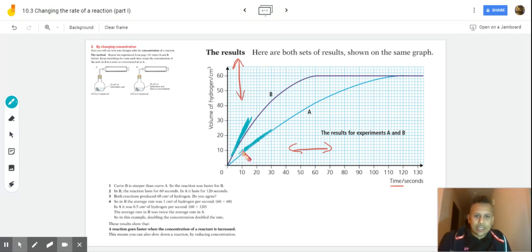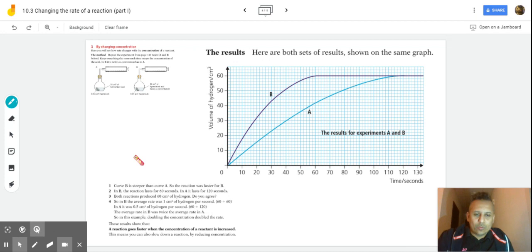So we can see that, for example, at the 20-second mark, the slope of the graph of volume versus time is actually flatter. So the rate of reaction with experiment A at the 20-second mark is actually lower than the rate of reaction at the 20-second mark of B. Okay.